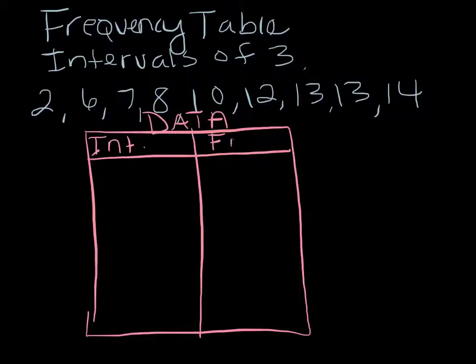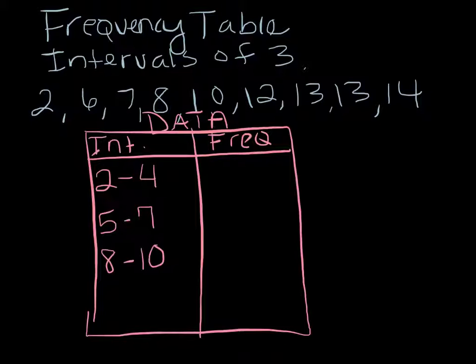This is going to be your frequency. Our first interval is going to start with 2. We want intervals of 3, so 2, 3, 4. Next one starts with 5: 5, 6, 7. Next one starts with 8: 8, 9, 10. Next one starts with 11: 11, 12, 13, and then finally 14, 15, 16.